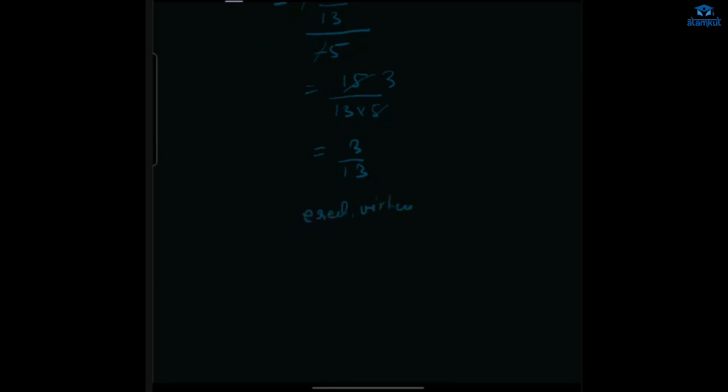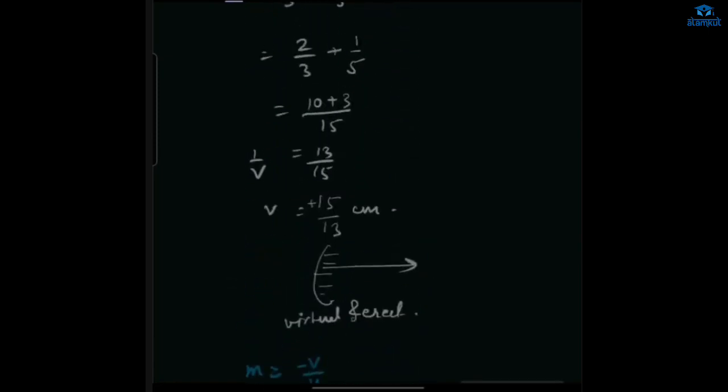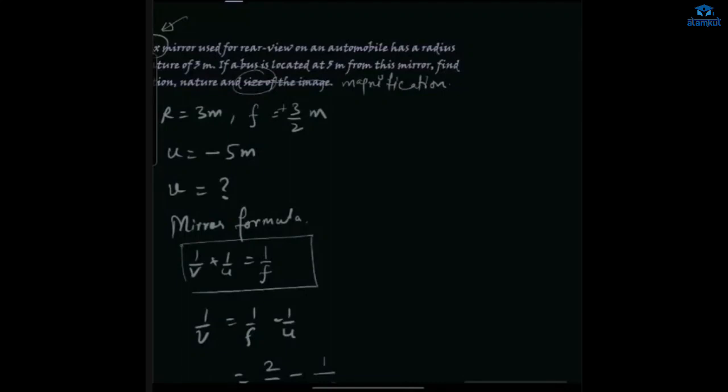Already it was decided that it will be virtual and erect, and it is 3 by 13 times that of the object. Okay, so the size of the image will be 3 by 13 times the size of the object. Okay, so this is what we have calculated.